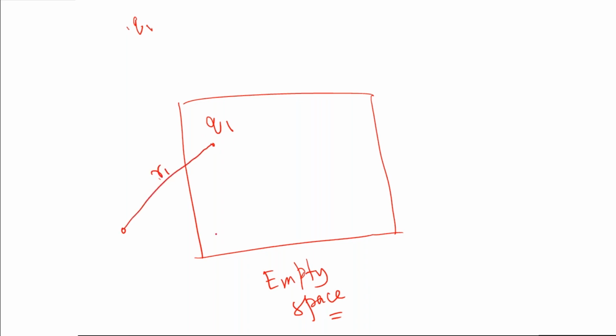So initially, was there any electric field in this empty region? If there is no charge, then field as well as potential will be zero. So if there is no electrostatic field or potential, against whom will I be working? I have nothing to work against, any force field.